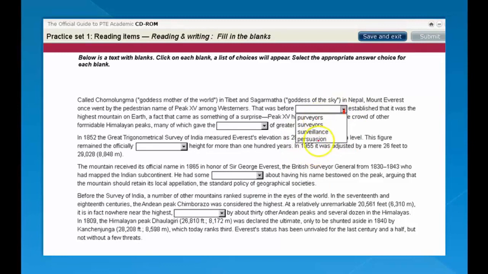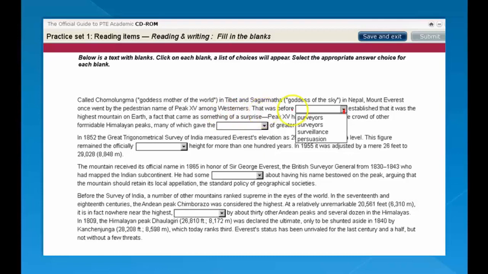And then you select. So to go over the first one, we have called Chomolungma, goddess mother of the world. In Tibet and Sagarmatha, goddess of the sky. In Nepal, Mount Everest once went by the pedestrian name of Peak 15 among Westerners.